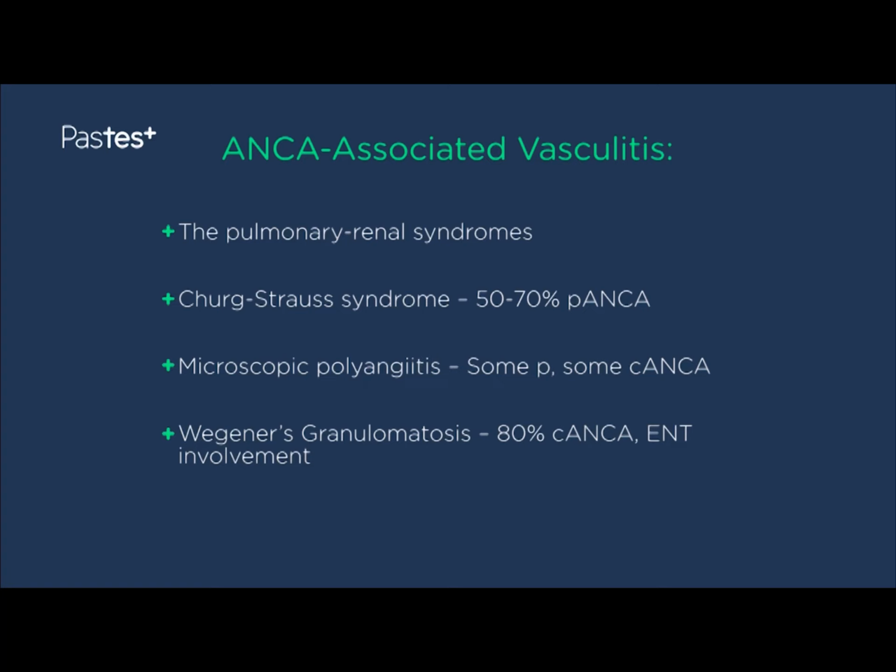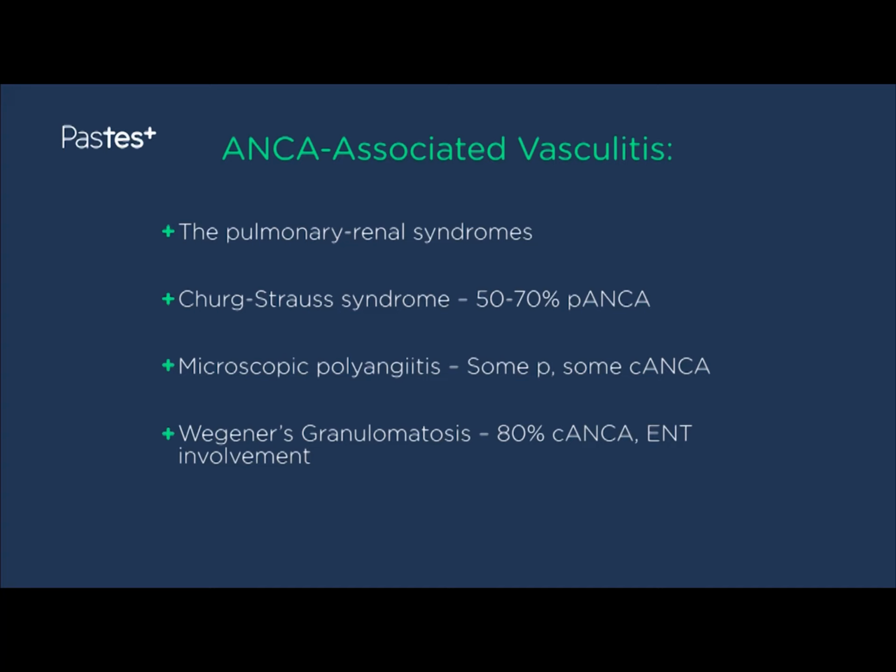And importantly, you can get false positive immunofluorescence for a lot of other reasons, like sepsis, for example, while it's very unusual to get a false positive antibody to MPO or PR3. So whenever you request an ANCA result, always check both the immunofluorescence for P or C-ANCA and the antibody result, the ELISA, for MPO or PR3. In the absence of a positive ELISA, the ANCA may be a red herring.